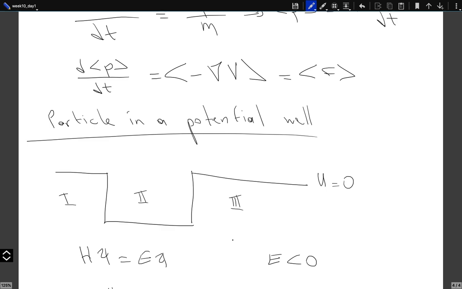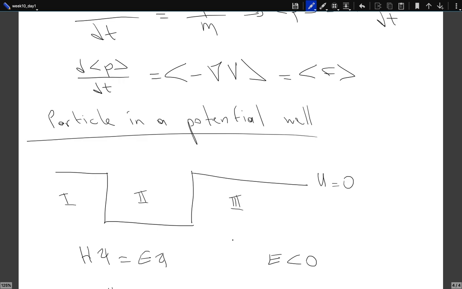So let's say that this height is 5 joules. So a particle at rest over here will have a total energy of minus 5 joules. So let's say it has a kinetic energy of 1 joule. That means my particle has a total energy of minus 4 joules. Well, minus 4 joules will be the kinetic energy plus the potential energy everywhere.